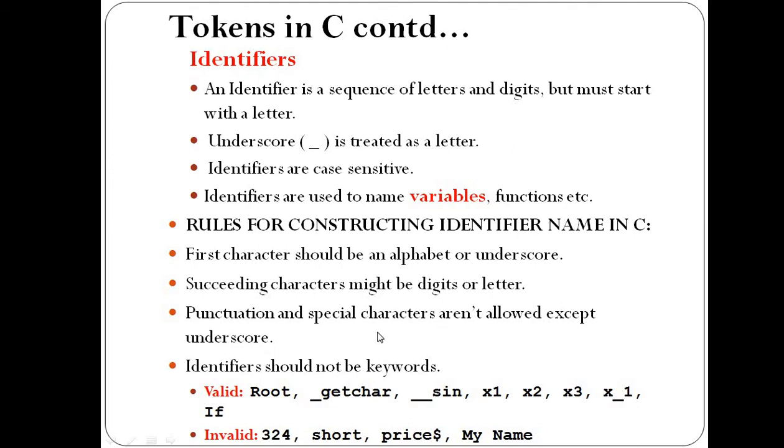Any other symbols are not allowed for identifiers. An identifier should not be a keyword. Whatever the 32 keywords available in C, we cannot use them as identifiers, because an identifier is a naming convention. We can create a name for particular things in a program.